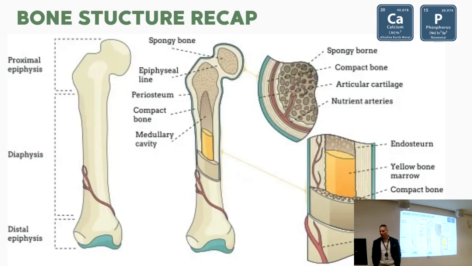We've also got within it yellow bone marrow, and this is where our progenitor cells, our stem cells, live. And these cells, they'll go on to become many different types of cells within the human body, depending on what is required of them at the time. We've got osteoblasts and we've got osteoclasts. Osteoclasts are specialist cells which break down bone tissue, so they demineralize bone.